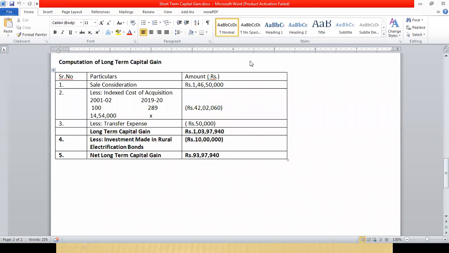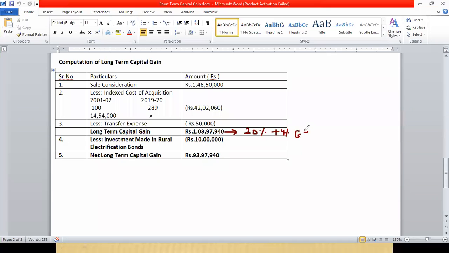Now, capital gain is 1 crore 3,97,940 rupees. Now, on this, the income tax rate applicable is 20%, plus 4% education and higher education cess on the tax amount.